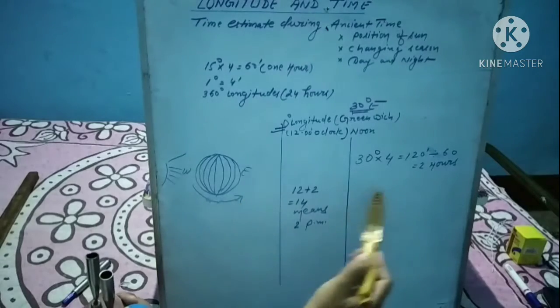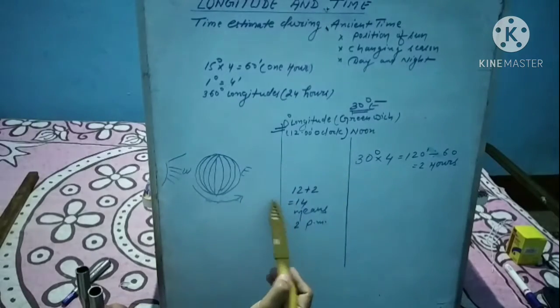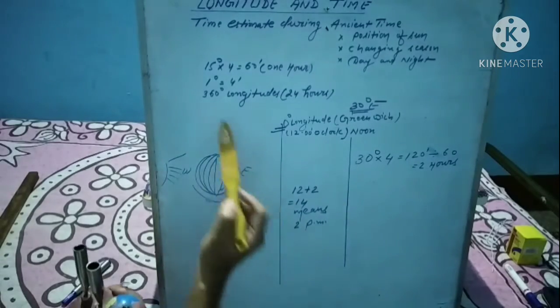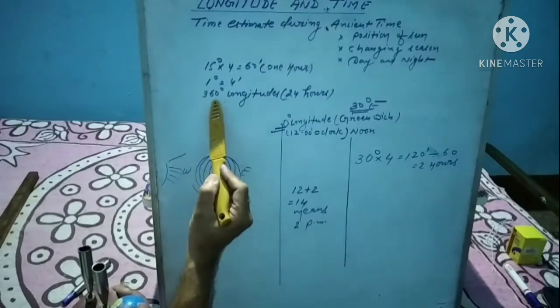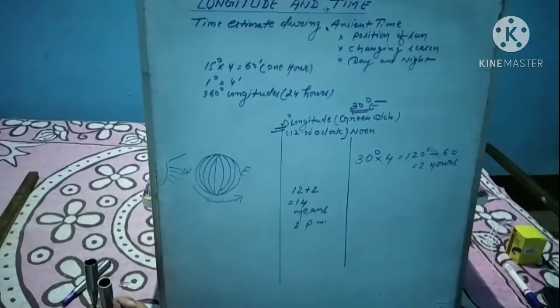When we add these numbers, 180 east and 180 west, then the total becomes 360 degree longitudes.